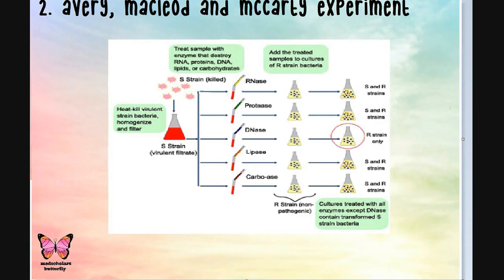Avery, McLeod and McCarty experiment. After Griffith put forward his theory that DNA is a genetic material, Avery, McLeod and McCarty came to find a concrete answer as to whether Griffith was right or not.